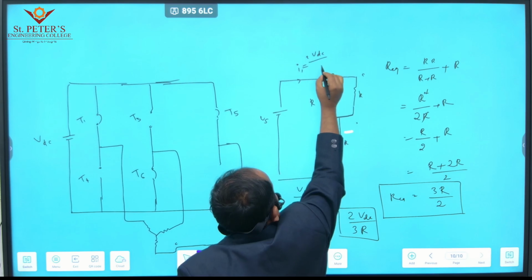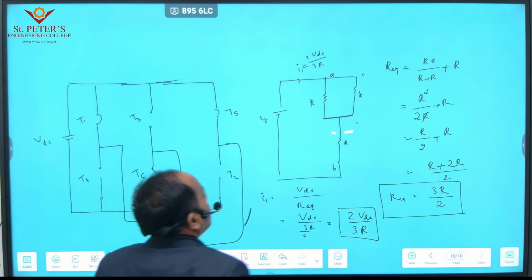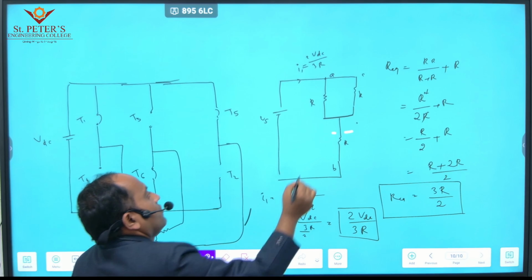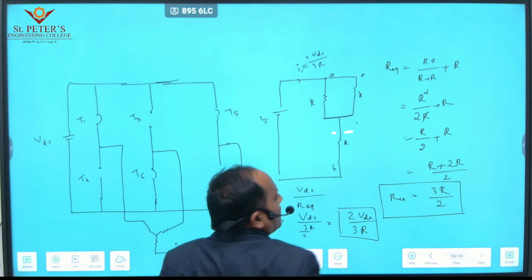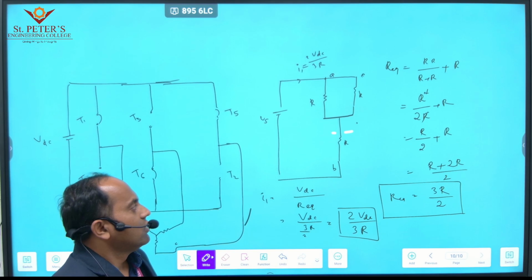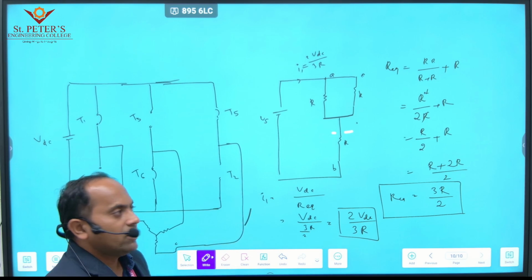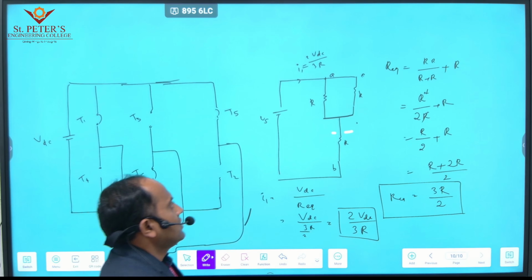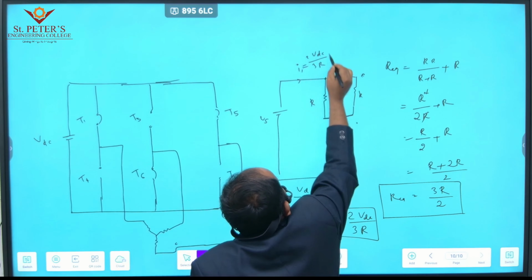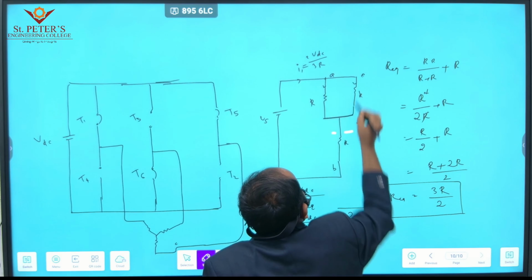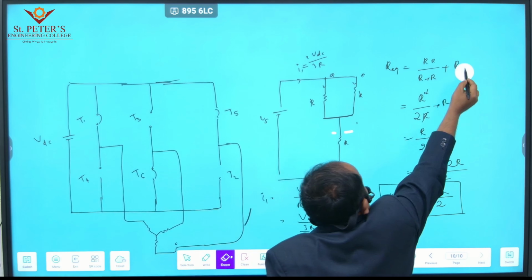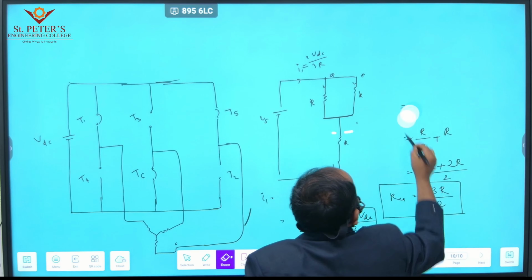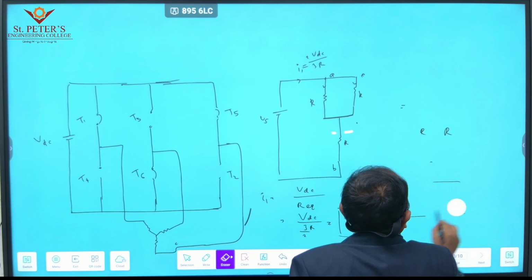And clearly for phase A and phase C, both resistances are equal. That means both impedances are equal. Then the current can be equally divided between these two phases. Yes or no? So then we can find out the voltage across each phase.